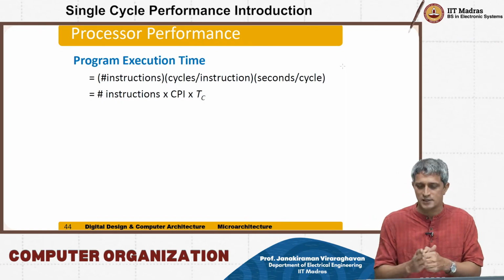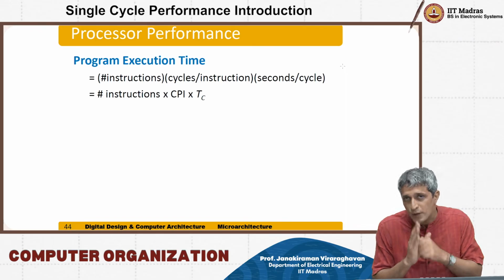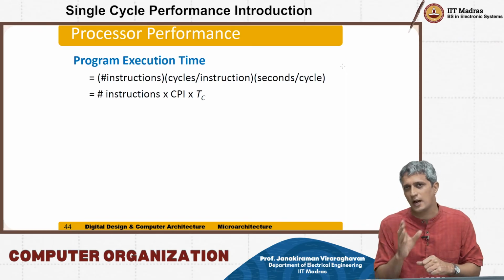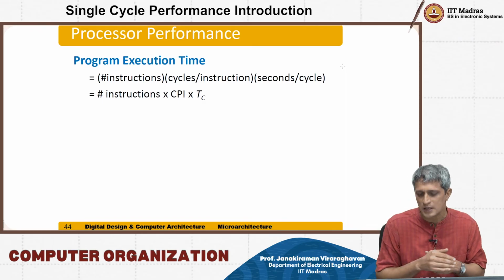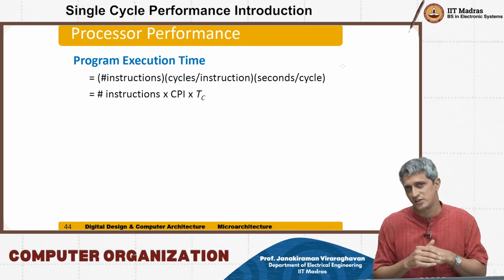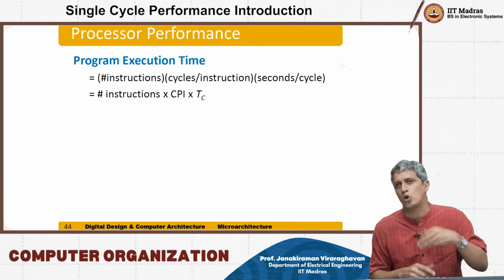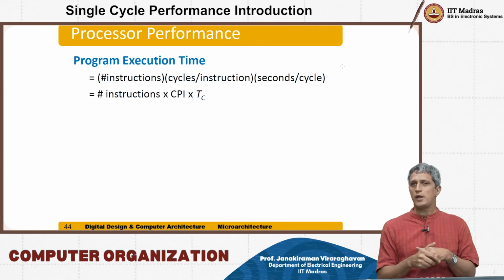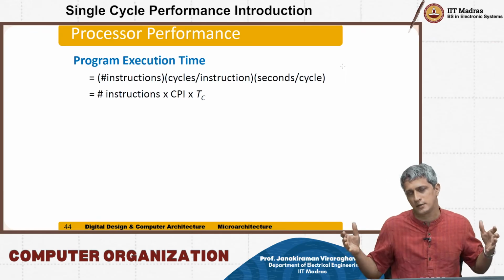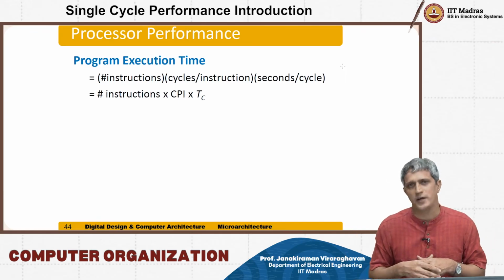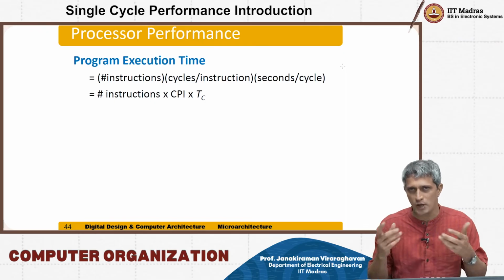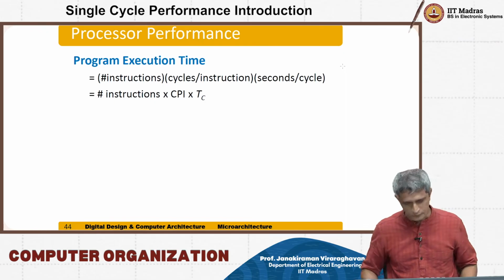However, it is the difference in the clock period that is going to determine which architecture is faster and which architecture is better. As you will see by the end of this discussion, it turns out that the more complex instructions you add into a microprocessor, it is simply going to increase this clock period time for you, and therefore it is not beneficial to add very complex instructions into the architecture.